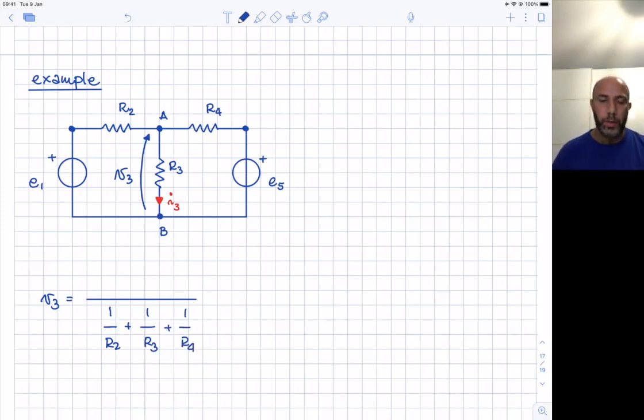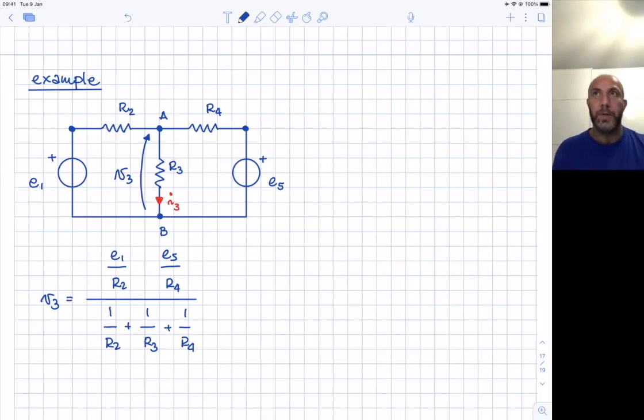At the numerator, we have 1 term for each generator. Here we have 2 voltage generators, and so we have terms of the form E over R. So for the first generator, we have E1 over R2, and for the second generator, we have E5 over R4.